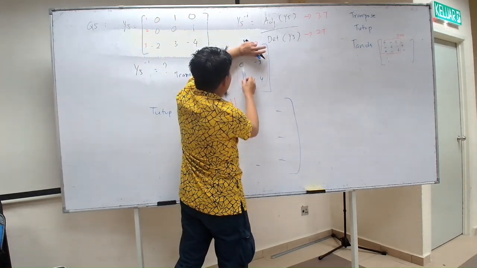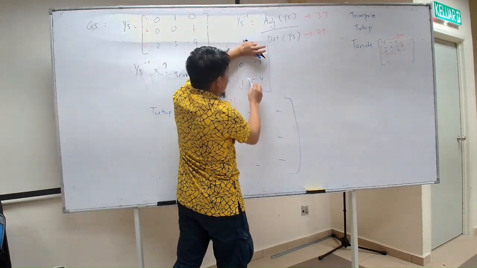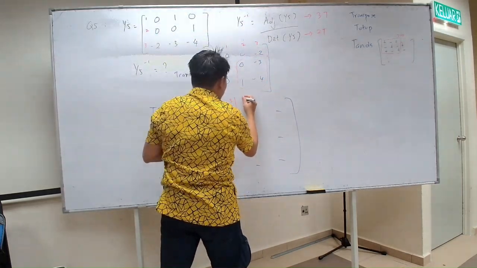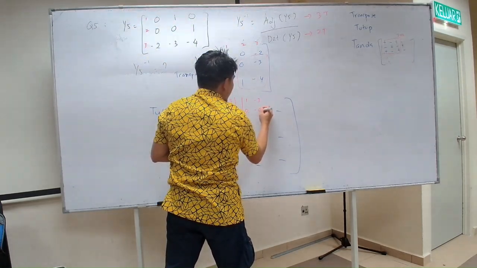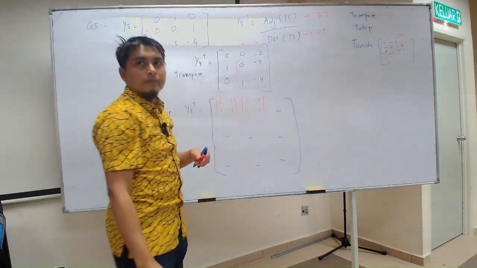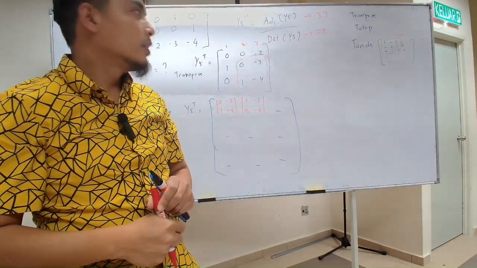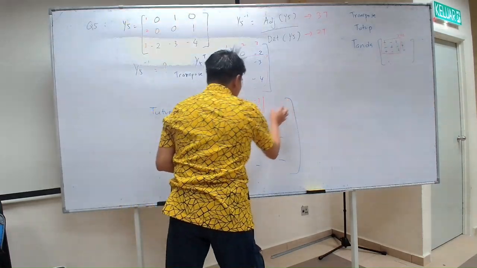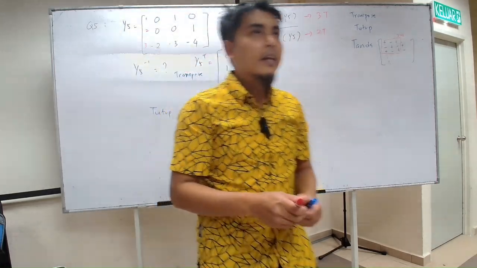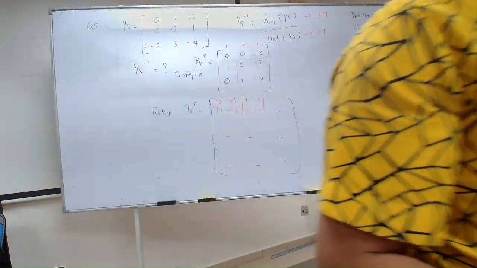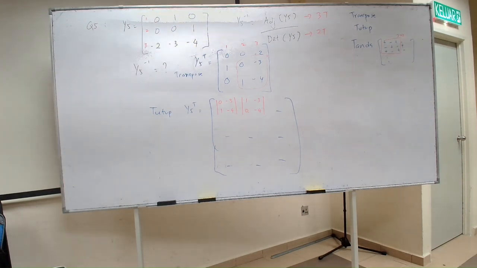So the value is 1, 0, -3 and -4. Can you help me fill up all of this area? And then I will call anyone to write it down on the whiteboard.